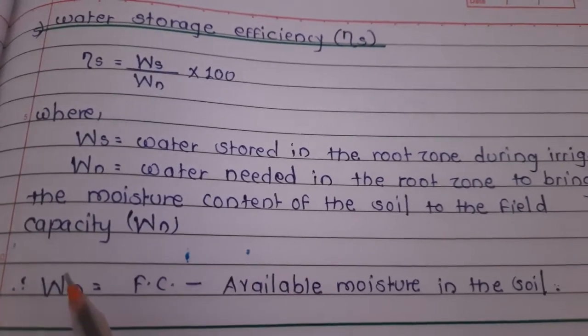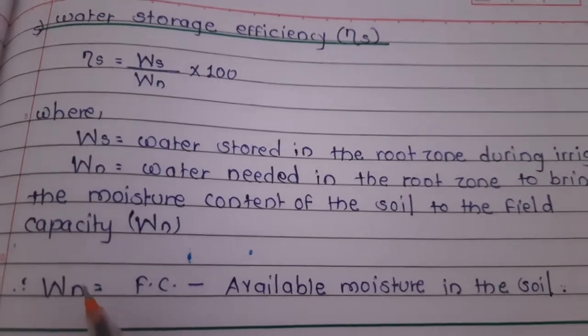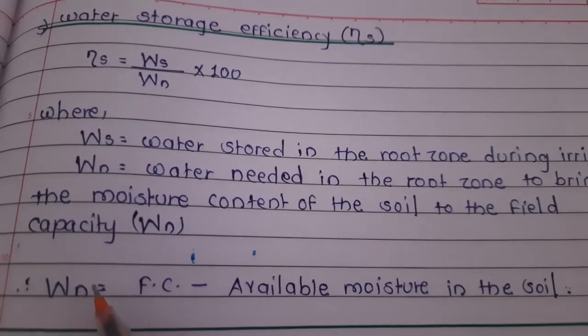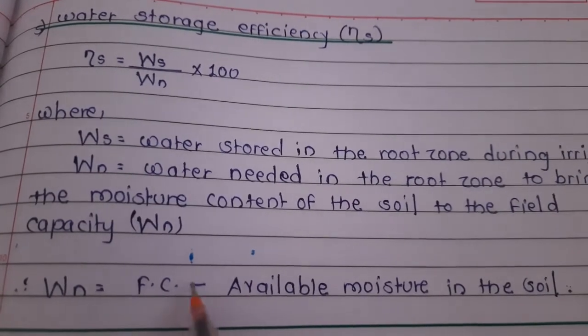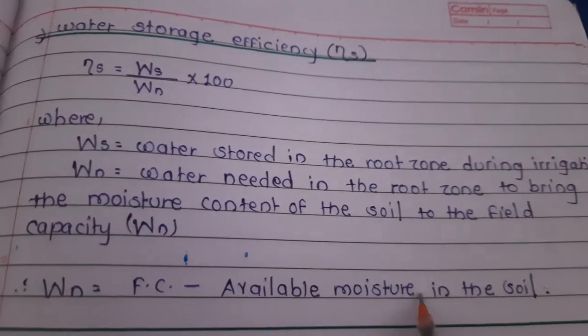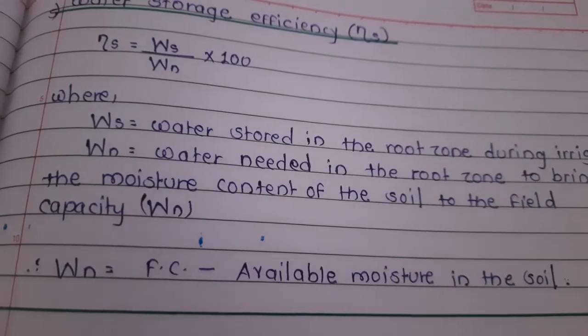Hence, Wn, the required water, is equal to field capacity minus available moisture in the soil.